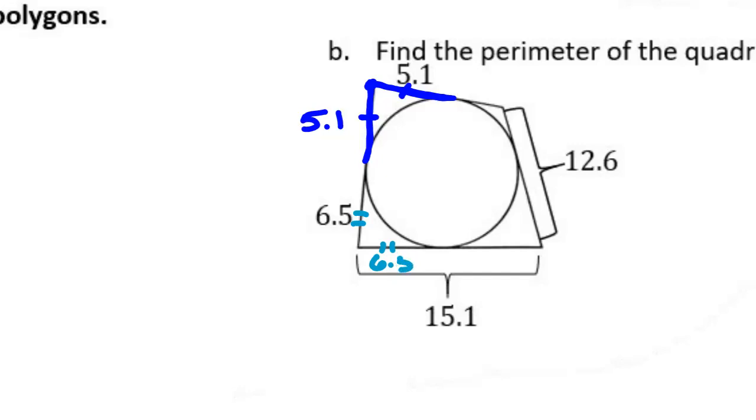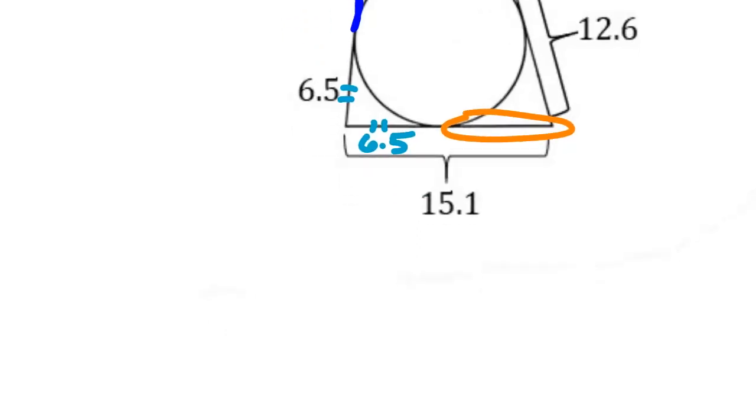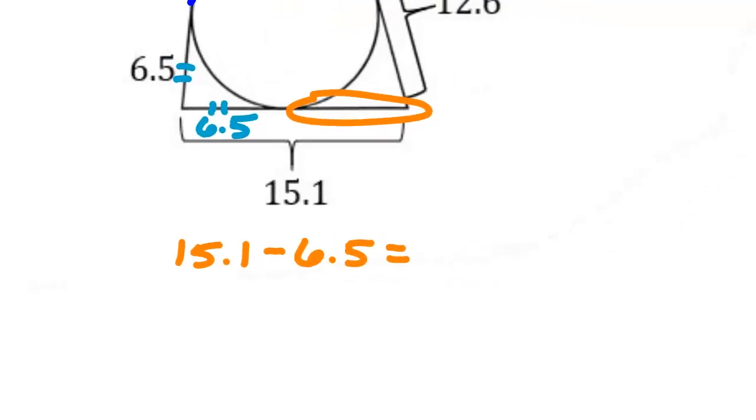But they tell me that whole side is 15.1. Do I have the ability to figure out how big this is right here? By doing what? Subtracting. We're going to do 15.1 minus 6.5, which would give us how much? 8.6.